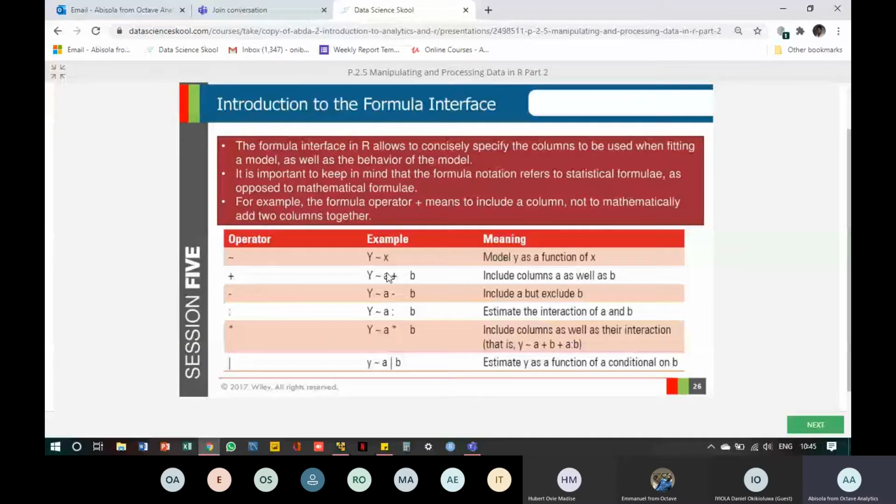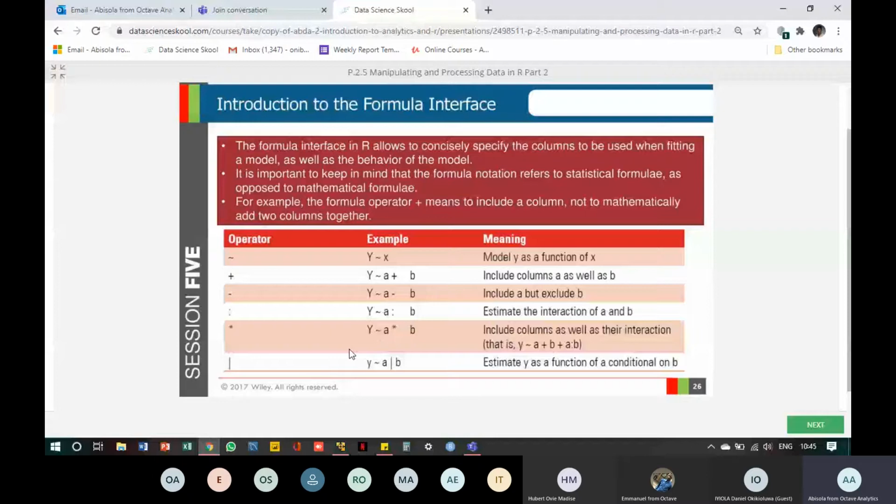It would work on columns, and help you say, I want you to include, for example, B and also include A. This one is telling us to include A but exclude B. This one is a colon, not a semicolon, and it's telling us that we should check the interaction of A and B. We should see how well correlated they are, or the interaction between the two of them.